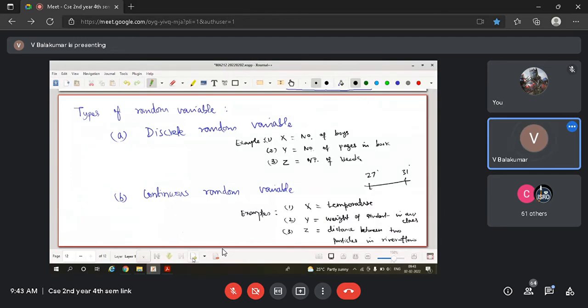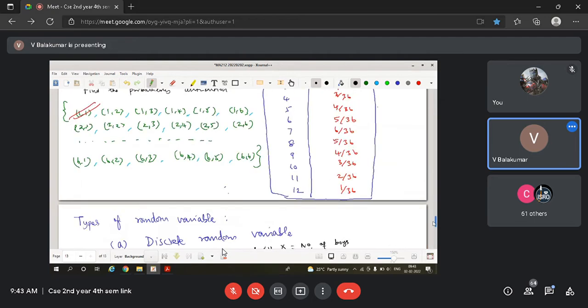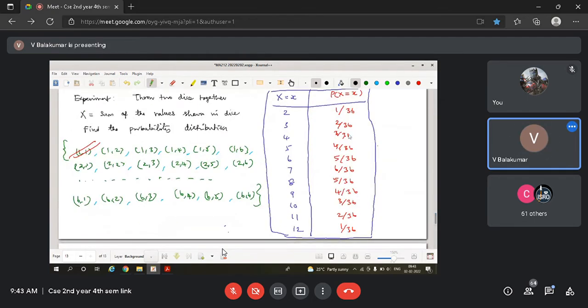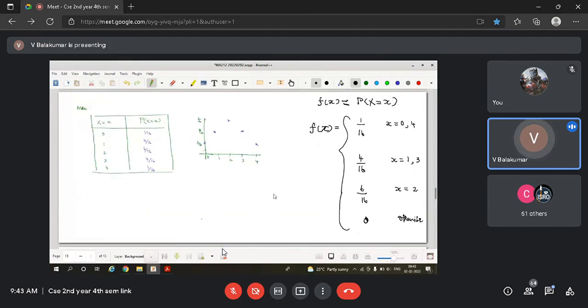Then I have to go for a function. Before that, I'll observe these properties. Three properties I observe. First one, all these probabilities are greater than or equal to 0. Then I see that if I add all these probabilities, I am getting 1.